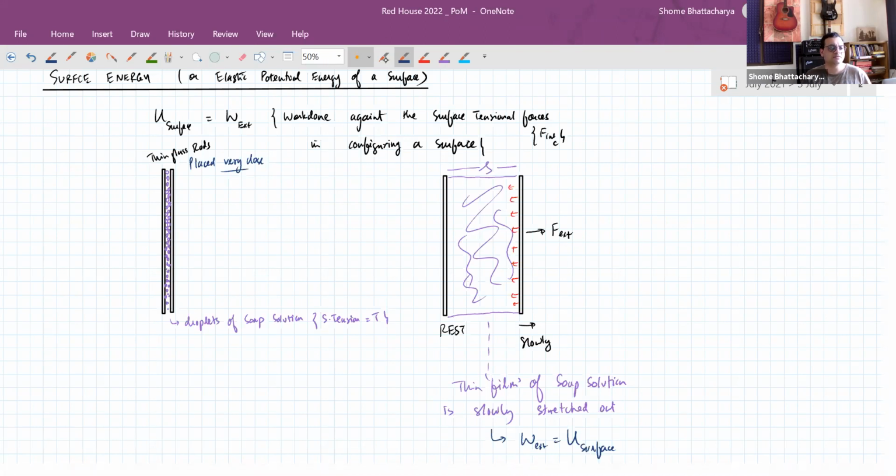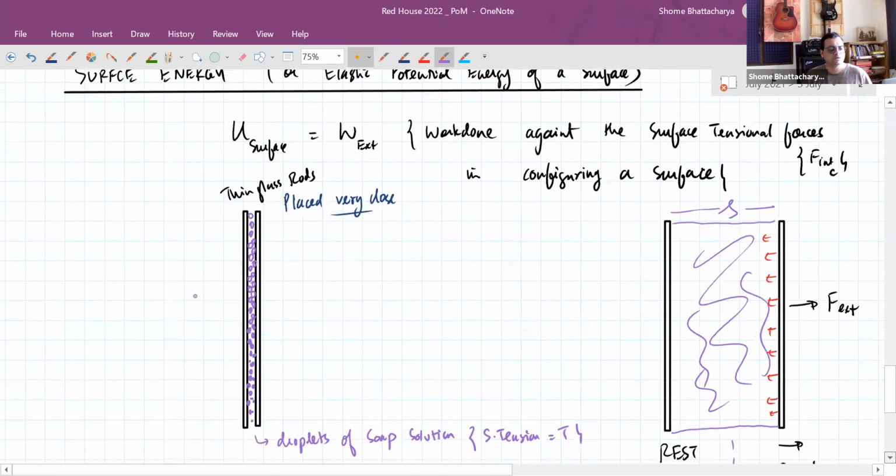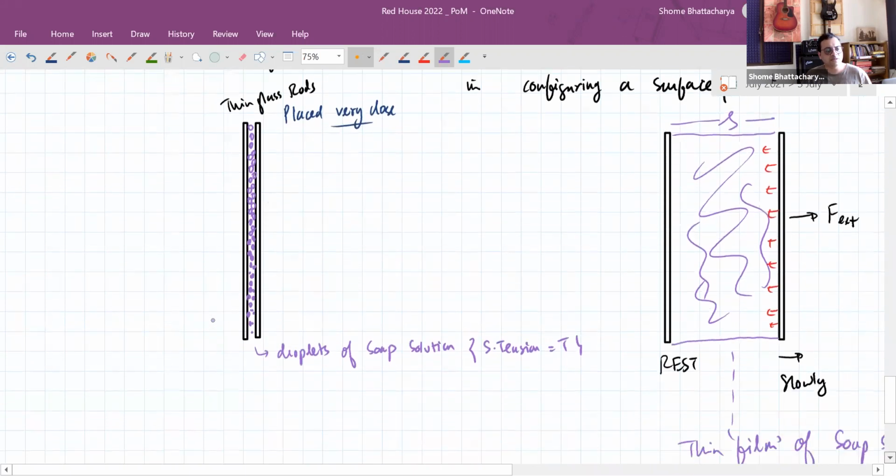So again, if we take a magnified cross-sectional view of it, it's like the glass rods. The cross-section would look like this, and the film of solution that we have placed in between will look like a sheet like this. That sheet will not be exactly symmetrical, like a plane shape.